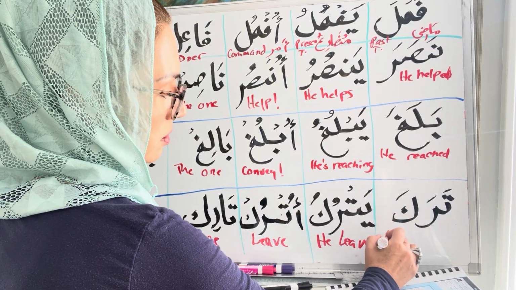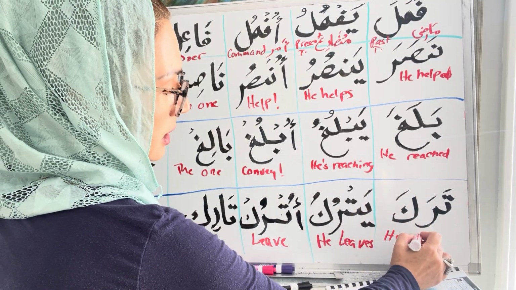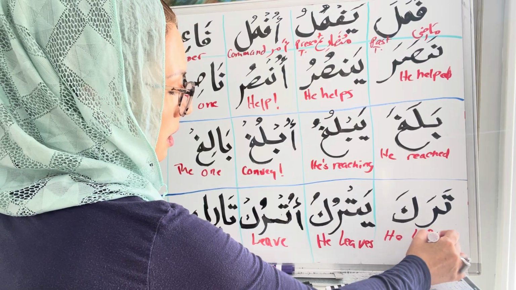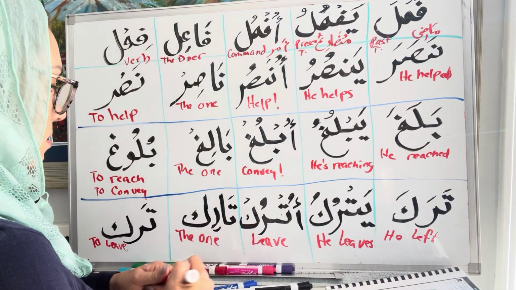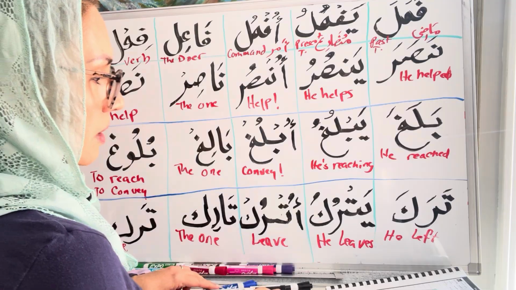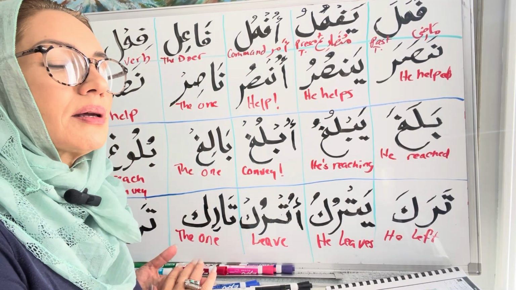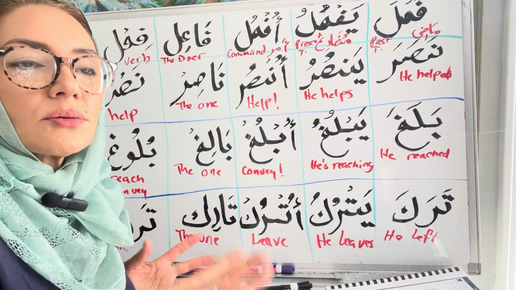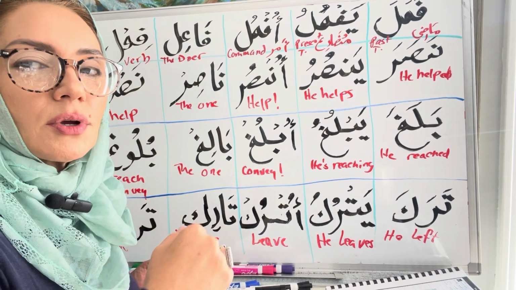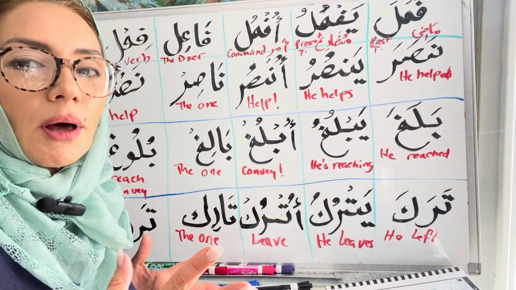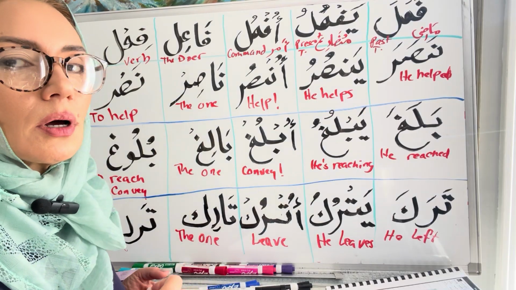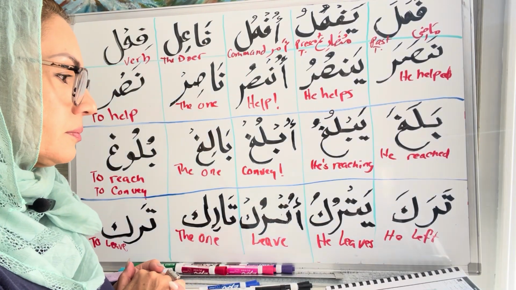And then taraka means he left. And then also taraka means like he left it as is, or he left it behind, and he forgot about it, or he said forget about it. You know, so it's that kind of a word.